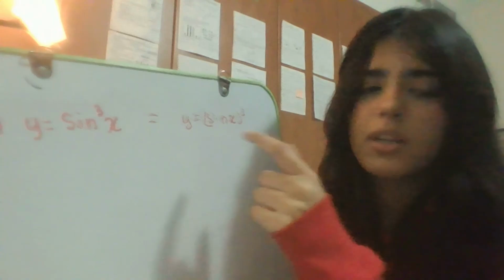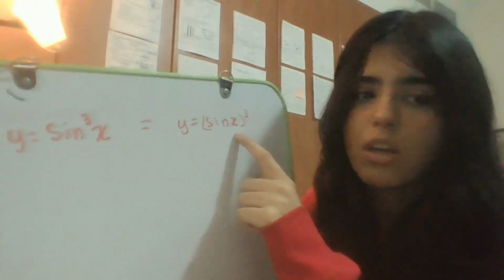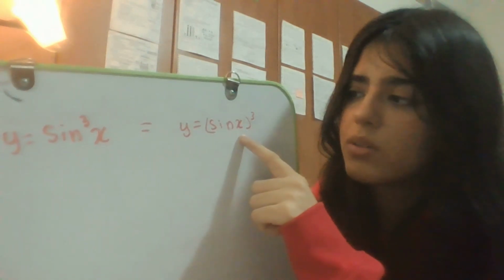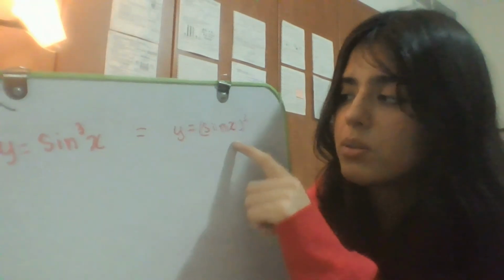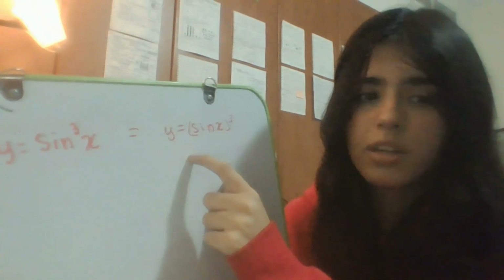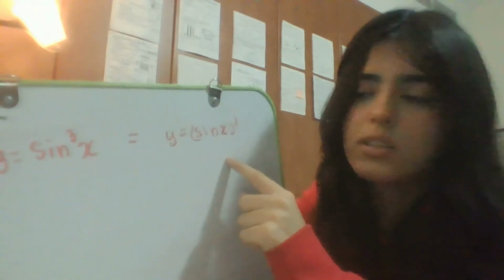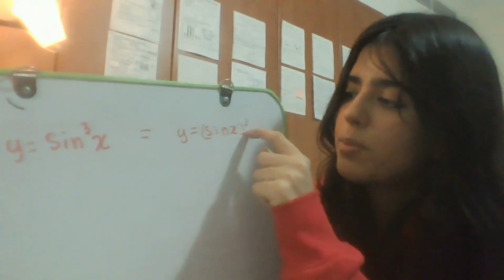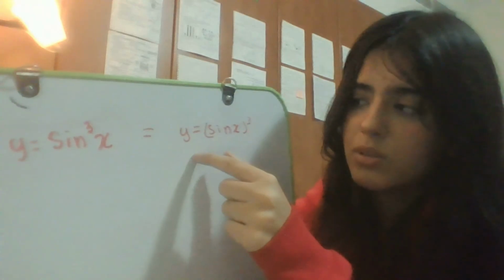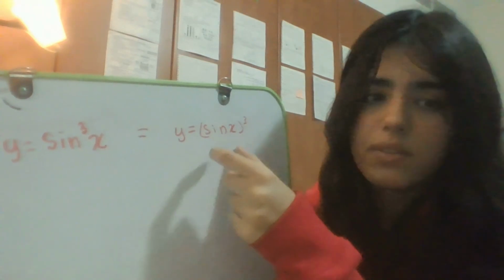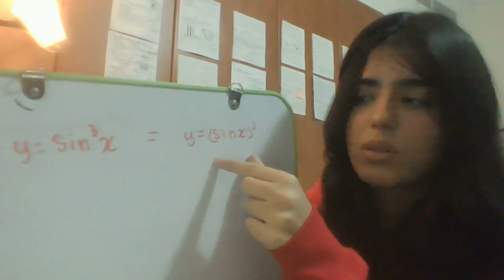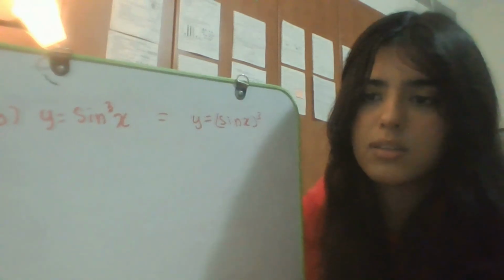So looking at this is much easier because taking the derivative, you're going to use two things. You're first going to take the power rule of the whole thing, and then you're going to use chain rule. So this question also has two parts. You'll take the power down using power rule, and then you'll take the derivative of the inside, which is chain rule. So I'll write it down so it's easier to understand.